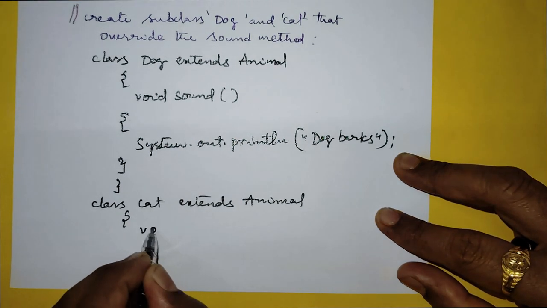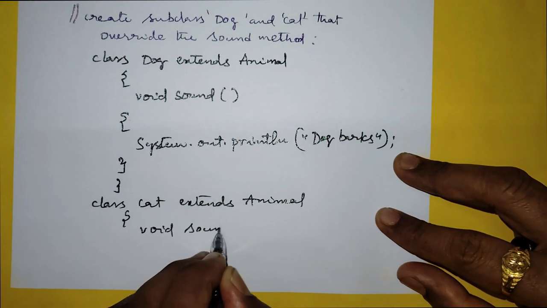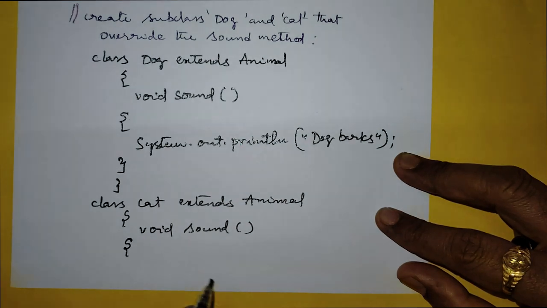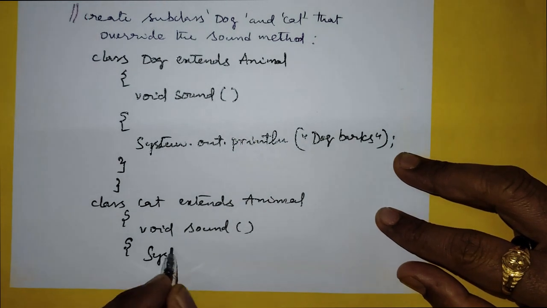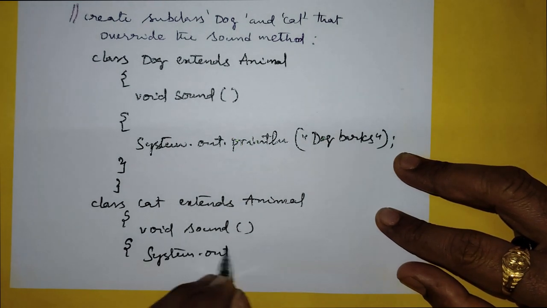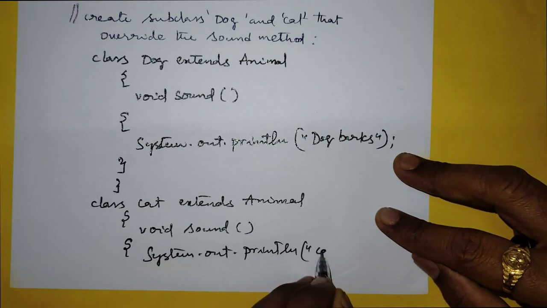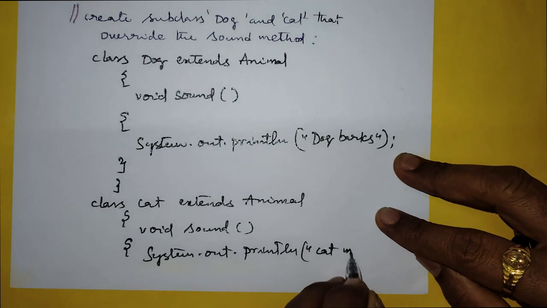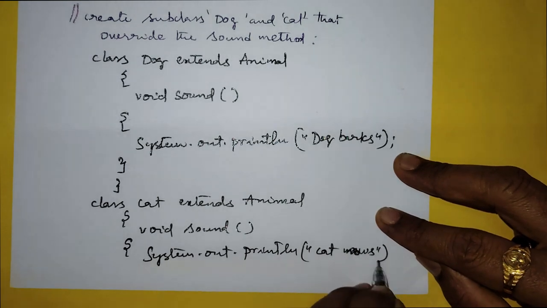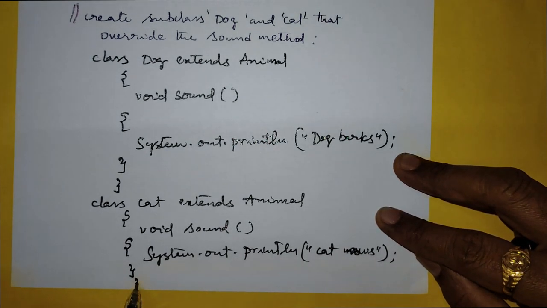Again open void sound method. Again open curly brace. System.out.println. What does the cat make? Cat meows. Again close.